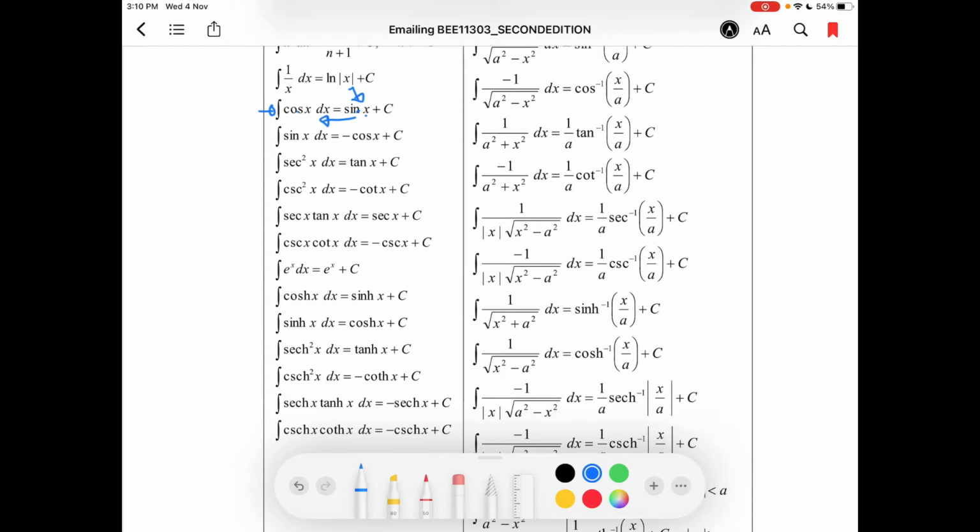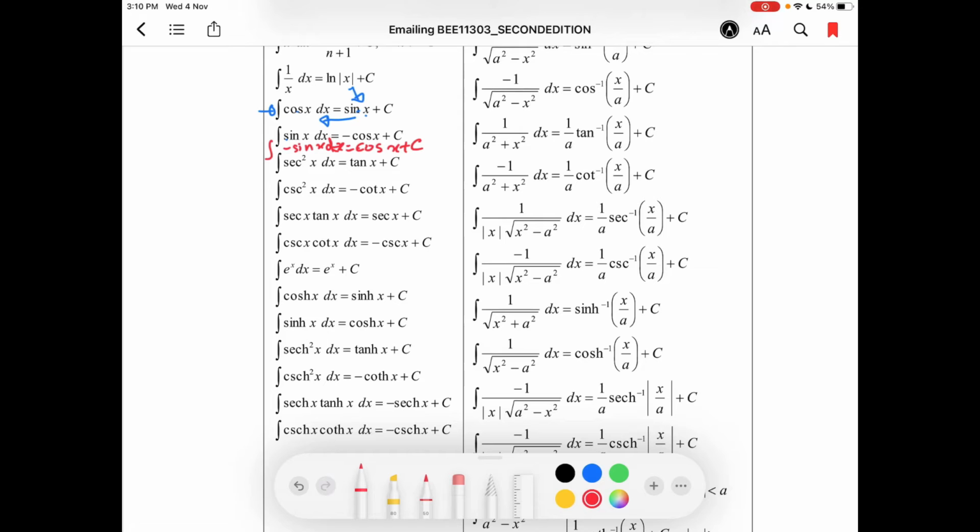If you differentiate negative cos x, you'll get sine x. Or the other way: if you want to differentiate cos x, you will get negative sine x. But because this is integration, you put dx over here and plus c.